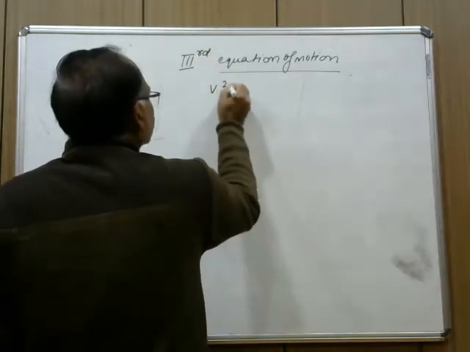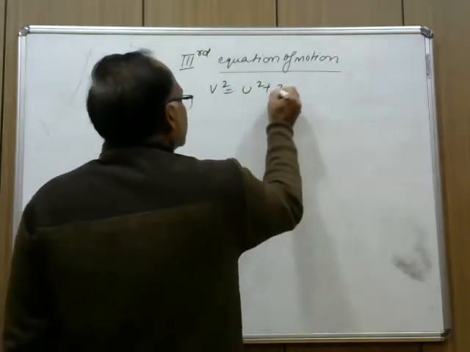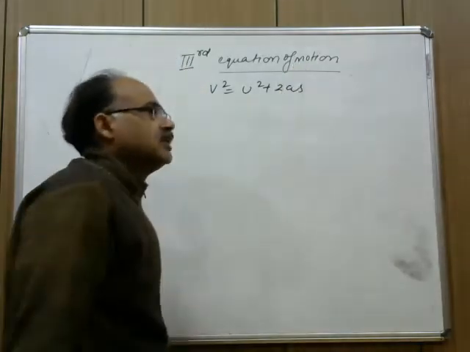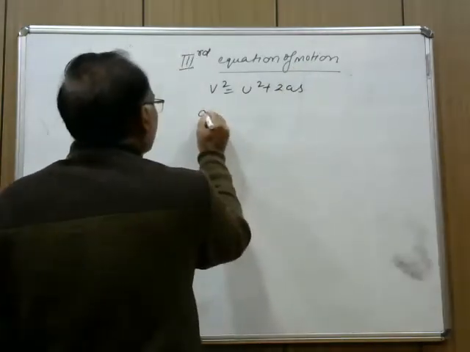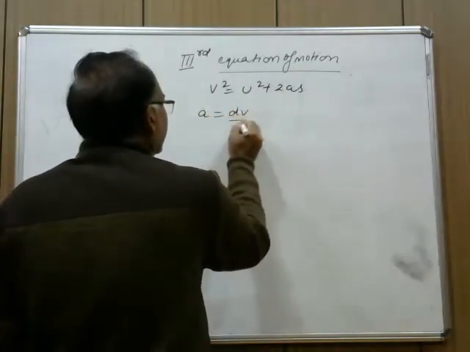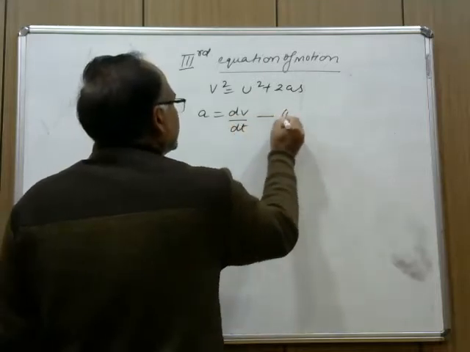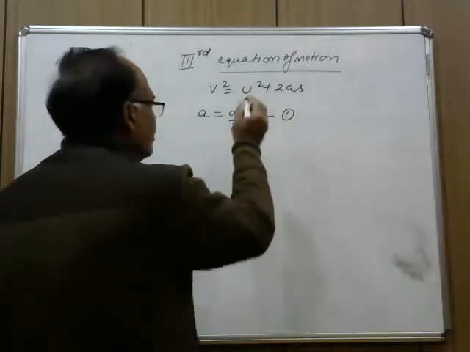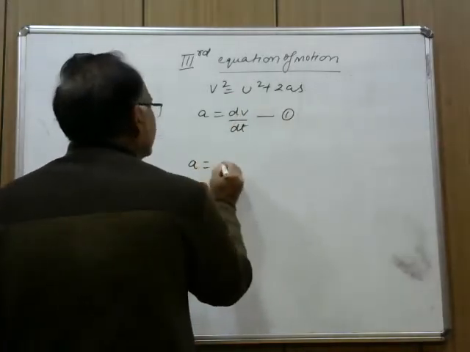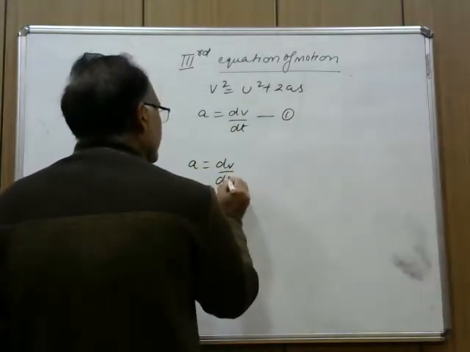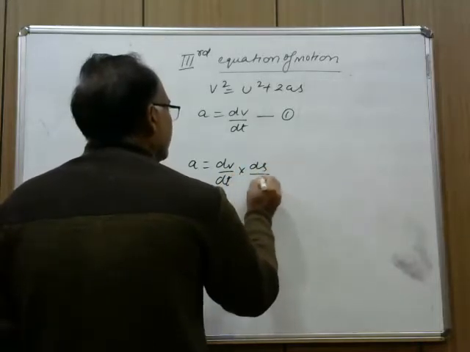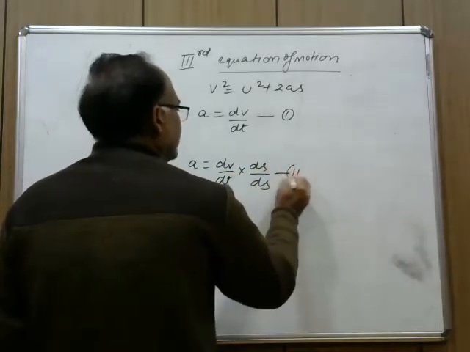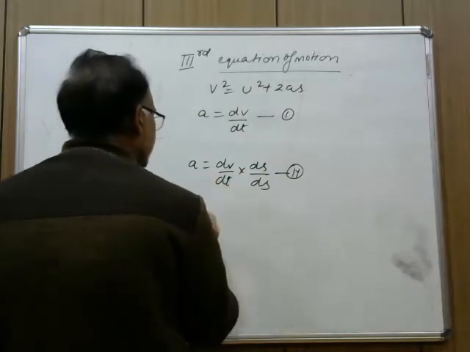That is v square is equal to u square plus 2as. Now here we will use this formula. A is equal to dv by dt. This is equation 1. Multiply by ds on numerator and denominator. So A is equal to dv by dt into ds upon ds. This is second equation. Now rearrange this.